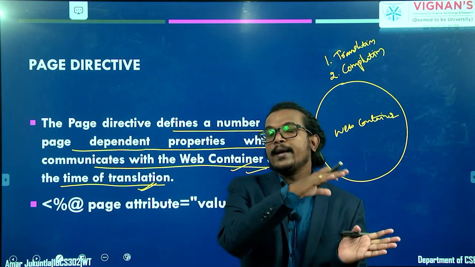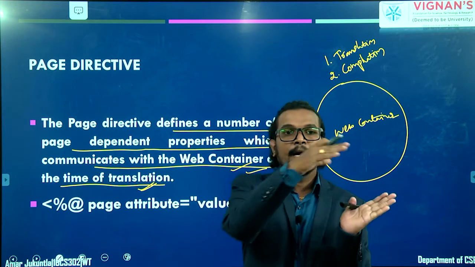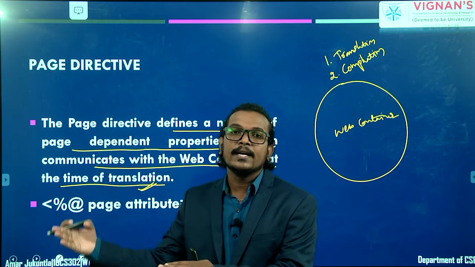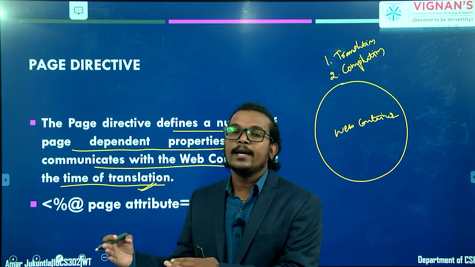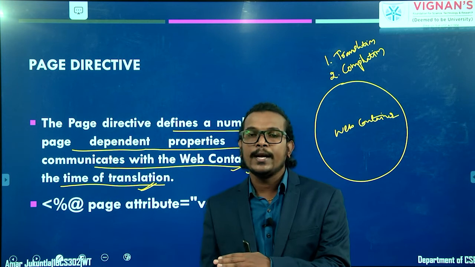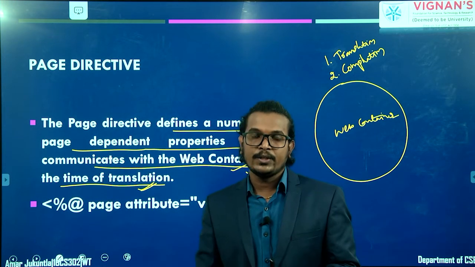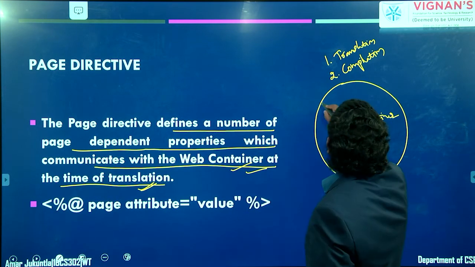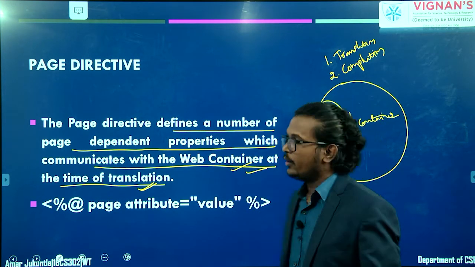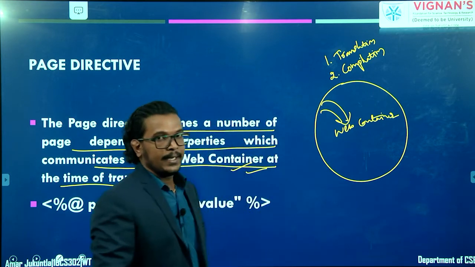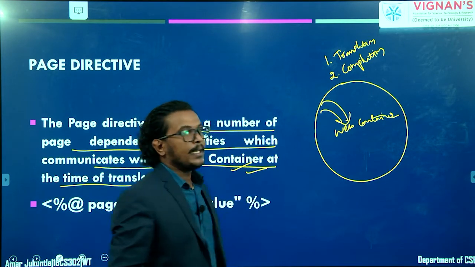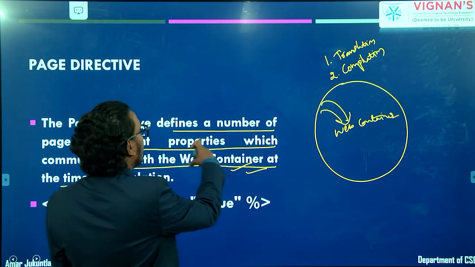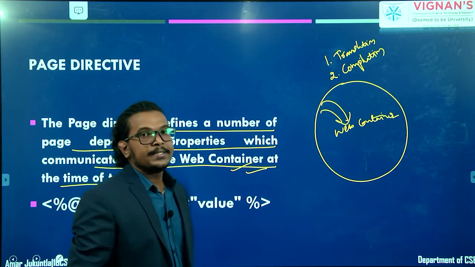After that we enter the next phase, called the compilation phase. In the translation phase we communicate with the web container. If you want to communicate with the web container, you require some properties, and all those properties are defined in this page directive.